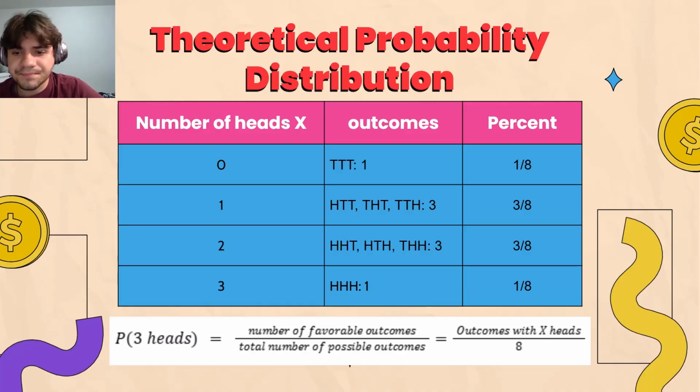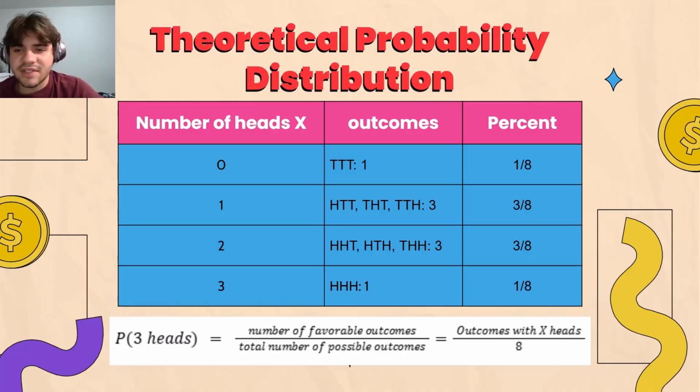And yeah, so this table is a general probability distribution because it lists every possible value of the random variable and the probability of each one, which is right here, the probability. And what's funny about this is that you can see that 1 and 2 are actually the most likely to happen, and then 0 and 3 are the least likely.